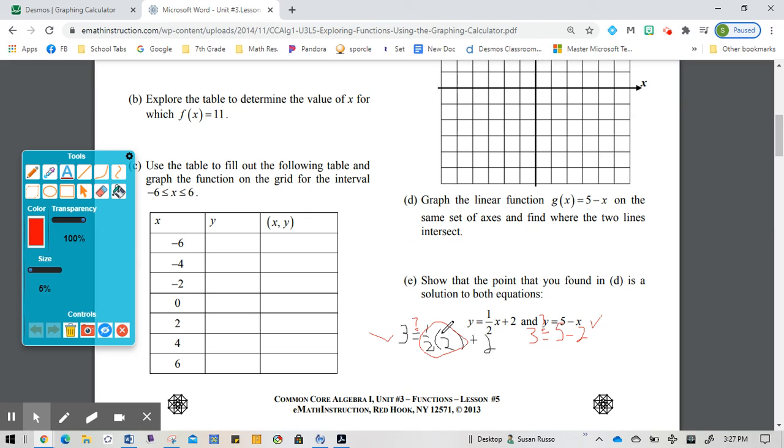There's the 2 for x and the 3 for y, and I plug them in and I verify that they're correct so that the left side is equal to the right side. So half of 2 is 1 plus 1 is 3. That's my xy coordinate. X is 2, y is 3. Sorry, I can't do this neater for you. And then I do the same thing for the other one, so I'm showing algebraically that they intersect, not just graphically.